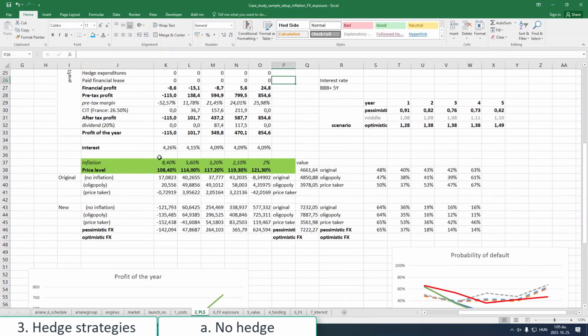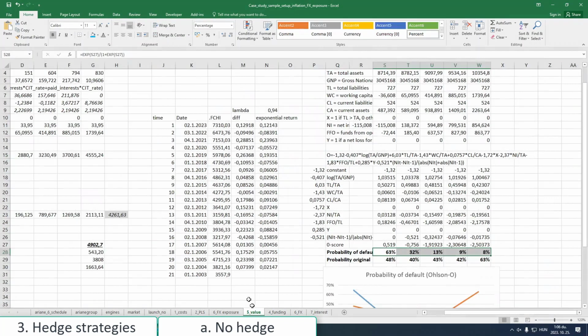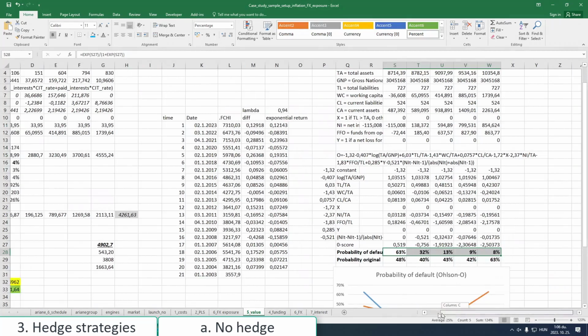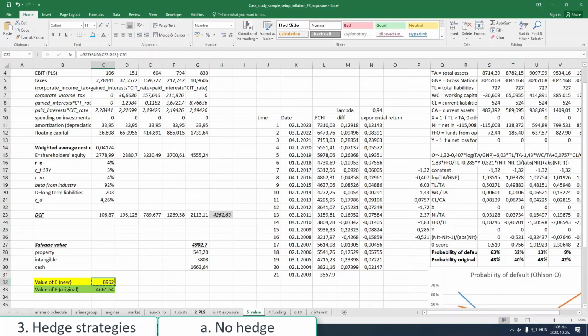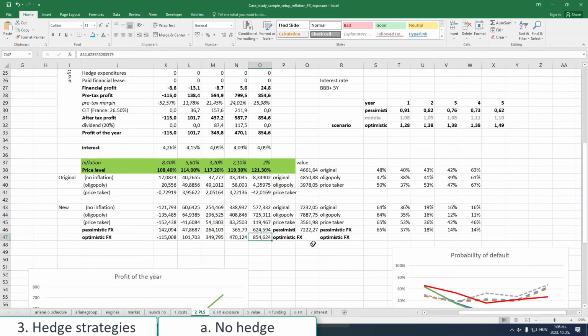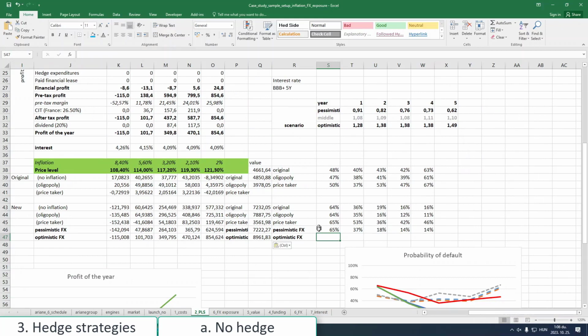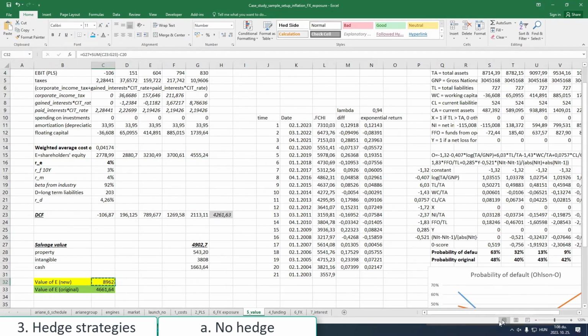So in this case, still we have to grab the profit of the year. We have happy profit of the year. It's even better than before. Oh, nice money. And last thing.